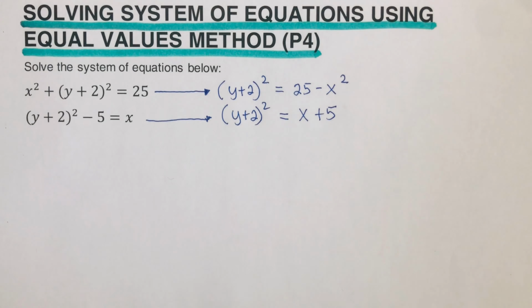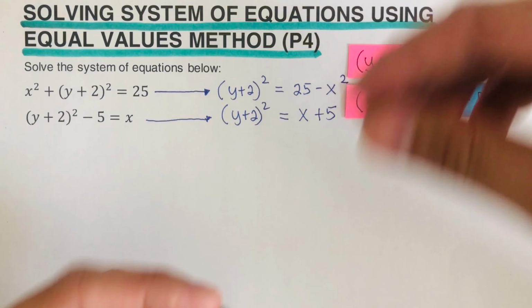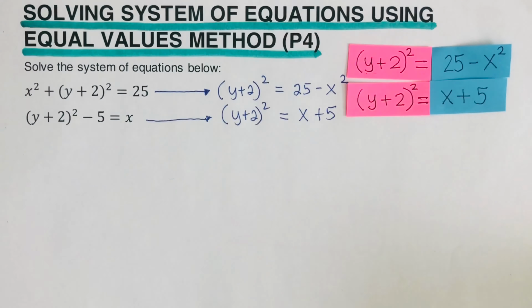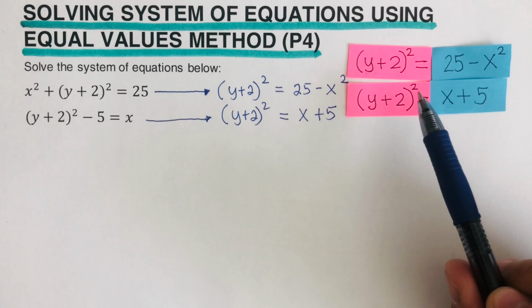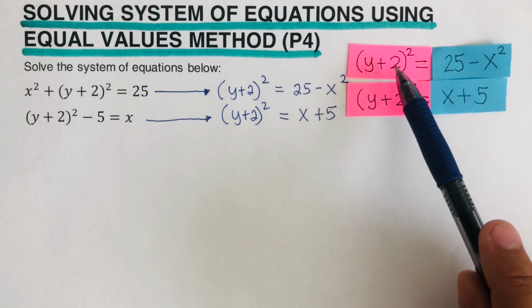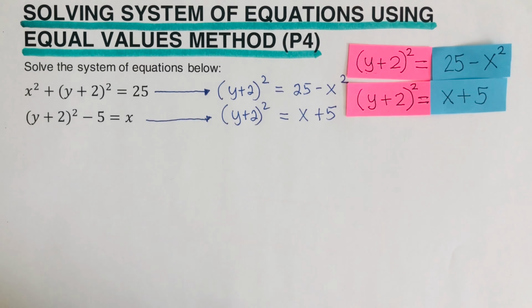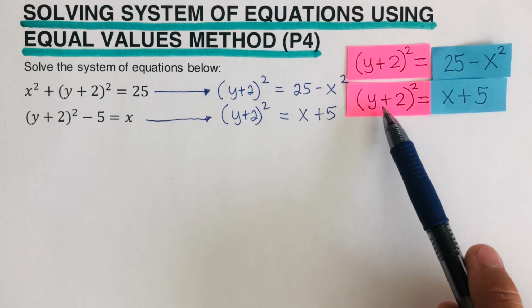So I have prepared this card right here. Since we know that these two purple cards are equal to y plus 2 squared, they're the same, using the equal values method, that means these two are equal to each other since both of them are equal to y plus 2 squared.